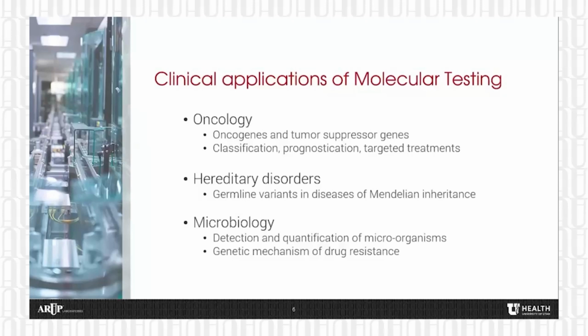And in the field of microbiology, by molecular testing, you can detect or quantify microorganisms, mainly viruses, and also identify genetic mechanisms of drug resistance. So tonight I'm not going to talk about hereditary disorders or molecular microbiology, and the focus of the talk is on the field of oncology.